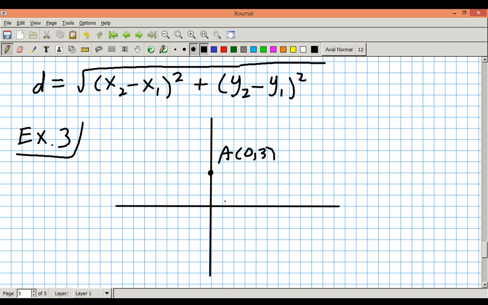Point B is at 5, 1. 1, 2, 3, 4, 5, 1. There's point B. Point C is at -1, 1. So here's point C. And point D is at -3, 4. So 1, 2, 3, 1, 2, 3, 4. So there's point D at -3, 4.